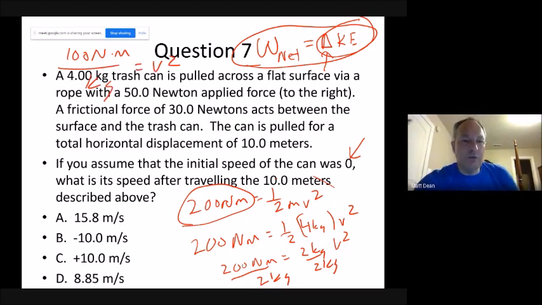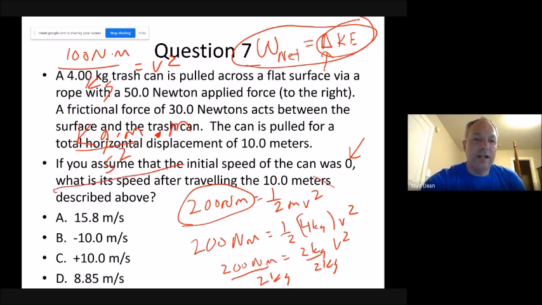Now let's talk about the units for a second. I hope you guys know that a Newton is a kilogram times a meter per second squared. In this case, we're also multiplying that Newton by an additional meter, and then we're dividing it by a kilogram.